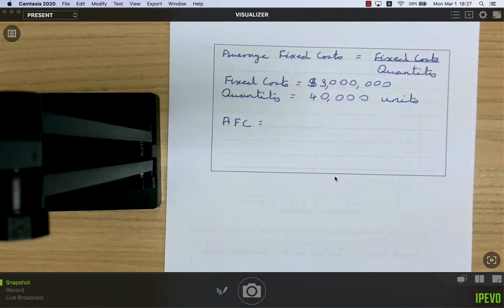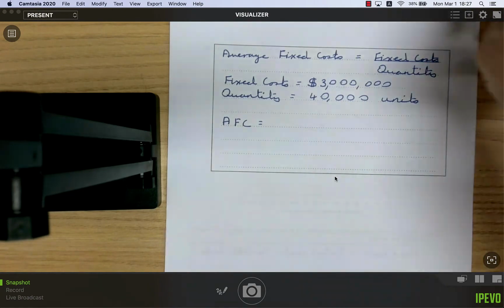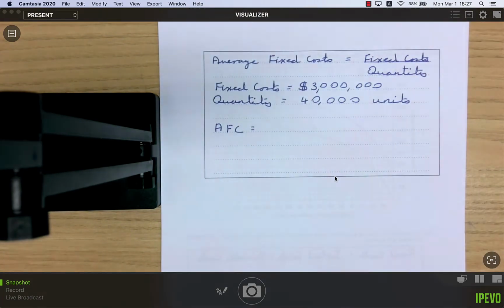calculate the average fixed cost per ticket if all tickets are sold. Well, what we've got here is the definition, or well, one form of a definition, which is the formula for average fixed costs. And what average fixed costs are, fixed costs divided by quantity, okay? That's how you work it out.